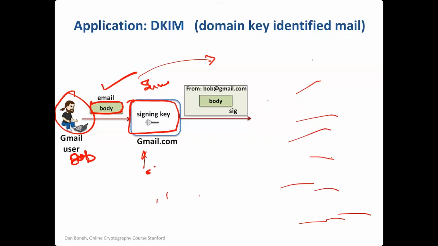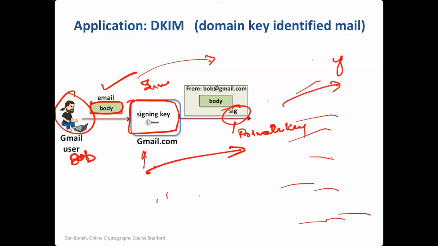So now every outgoing mail from Gmail is signed by google.com using its private key. Now when the recipient, for example you, receives it, your browser will have the corresponding public key of gmail.com, so you can verify.